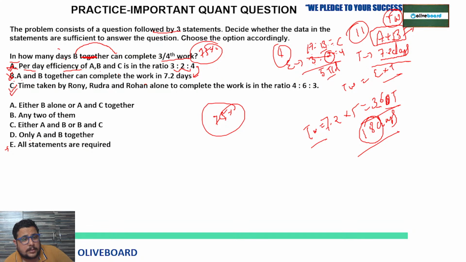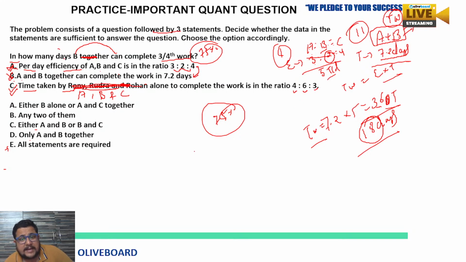Now third: time taken by A, B and C alone to complete the work is in the ratio of 4:6:3.